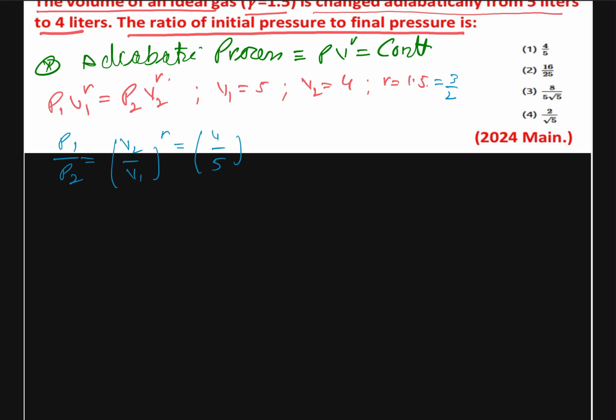So we get this as 3 by 2, and this we can write as square root, so this can be written as 4 by 5 multiplied by 4 by 5 raised to 1 by 2.